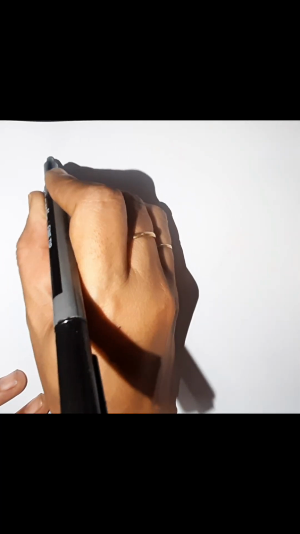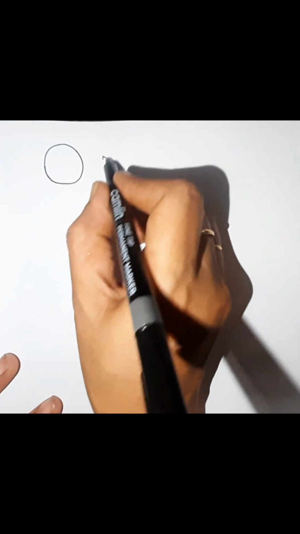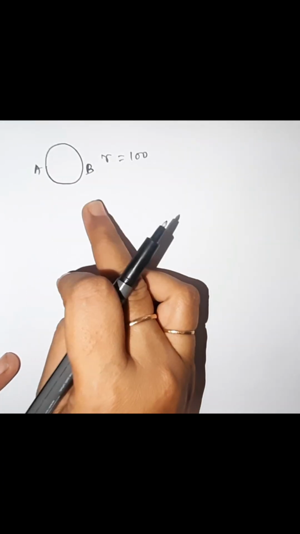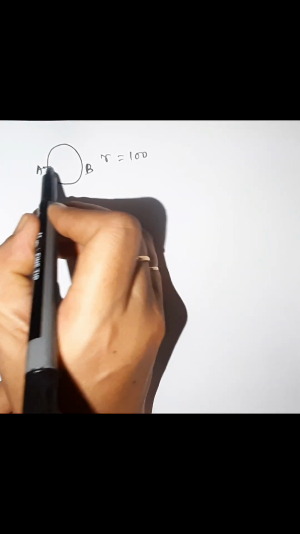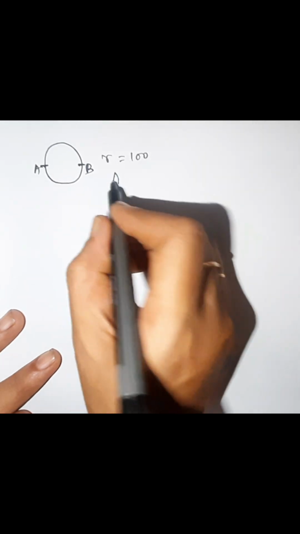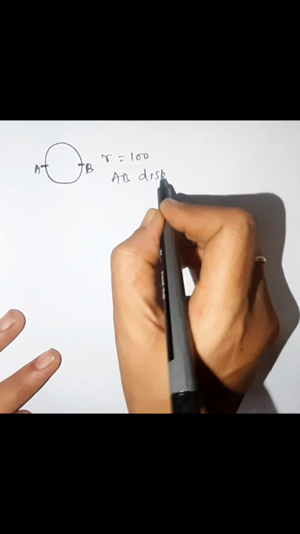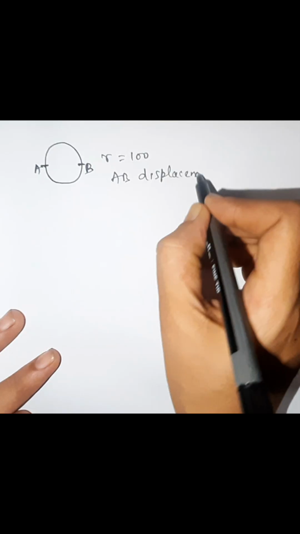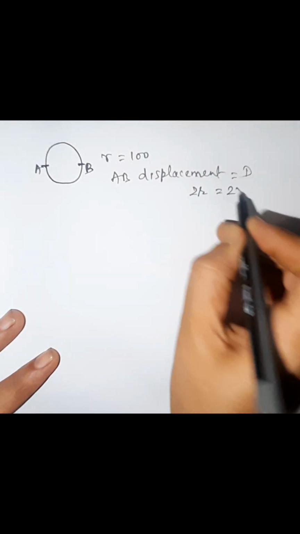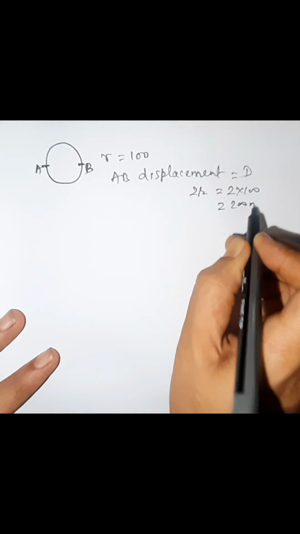Different types of questions can be asked related to displacement. Like they can make the question, if a circular track is there, what is the displacement covered? If radius is given 100. They can ask different kinds of questions out of this. Like if the object started from A and it reached B. In that case, for AB, displacement will be the diameter, that is 2 times r, 2 multiplied by 100, 200 meter.